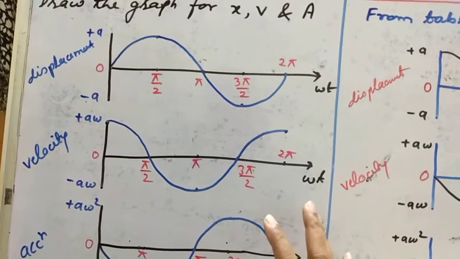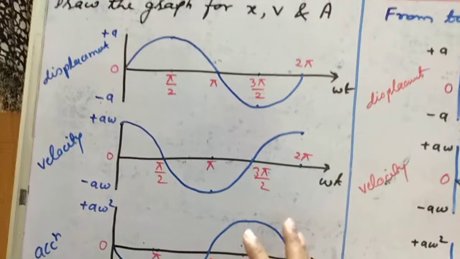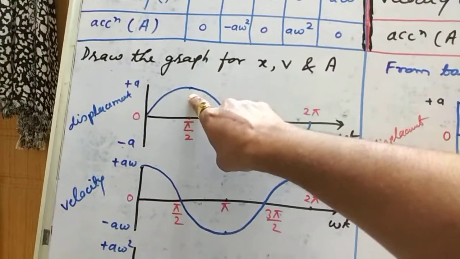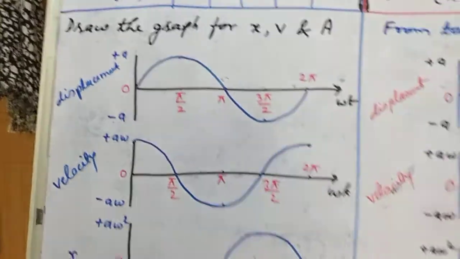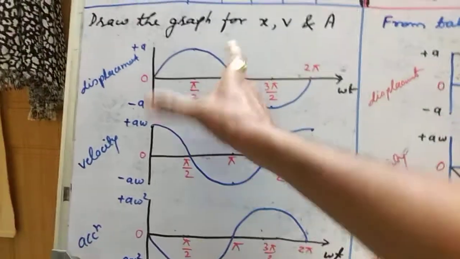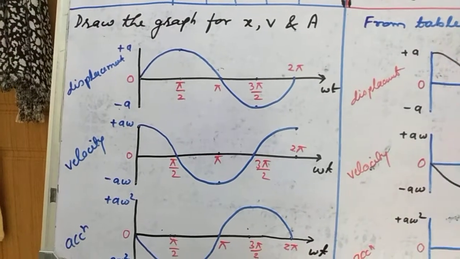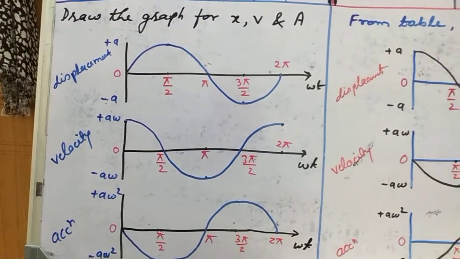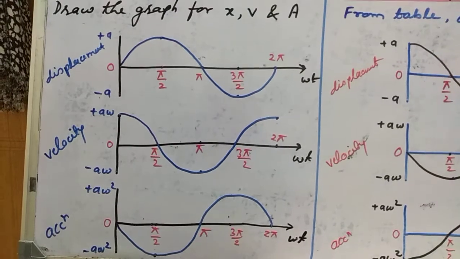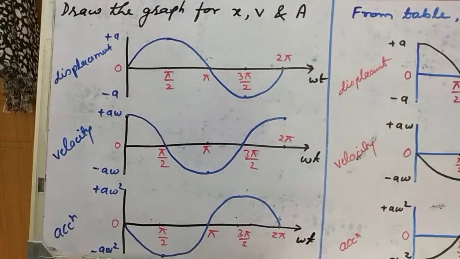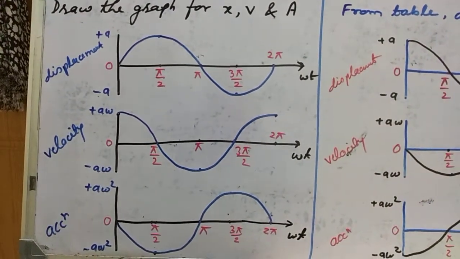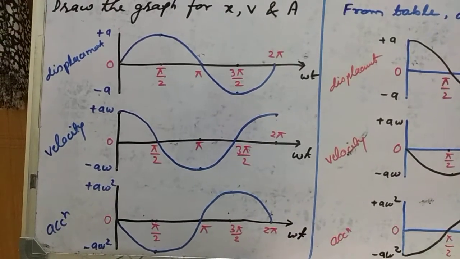So what is the conclusion from this graph? When the displacement is maximum positive, acceleration is maximum negative, which means both are out of phase. Displacement and acceleration are related by a is directly proportional to minus x, and there is a phase difference of 180 degree, that is pi radian.